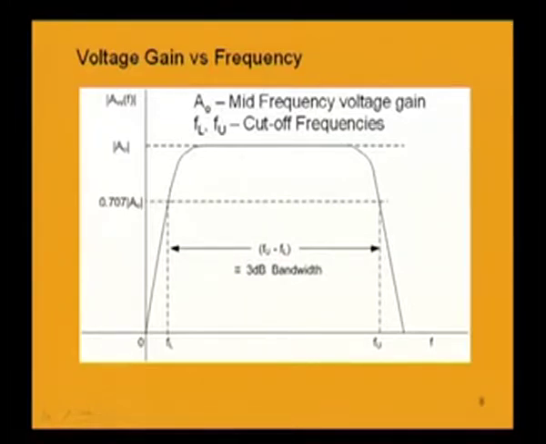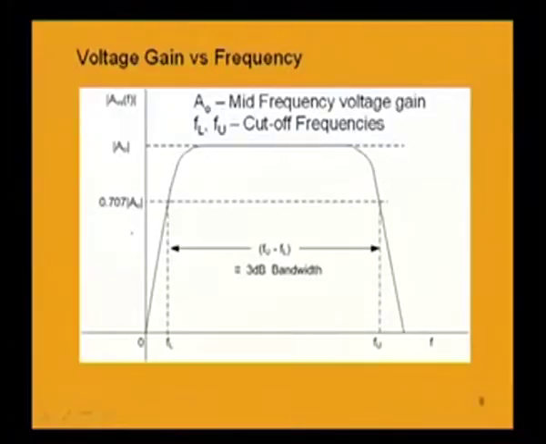AVS is customarily the voltage gain with respect to the source, that is, V0 by Vs, the overall gain of the amplifier with respect to the signal being applied. Within brackets f is written because we are now considering the gain as a function of frequency.